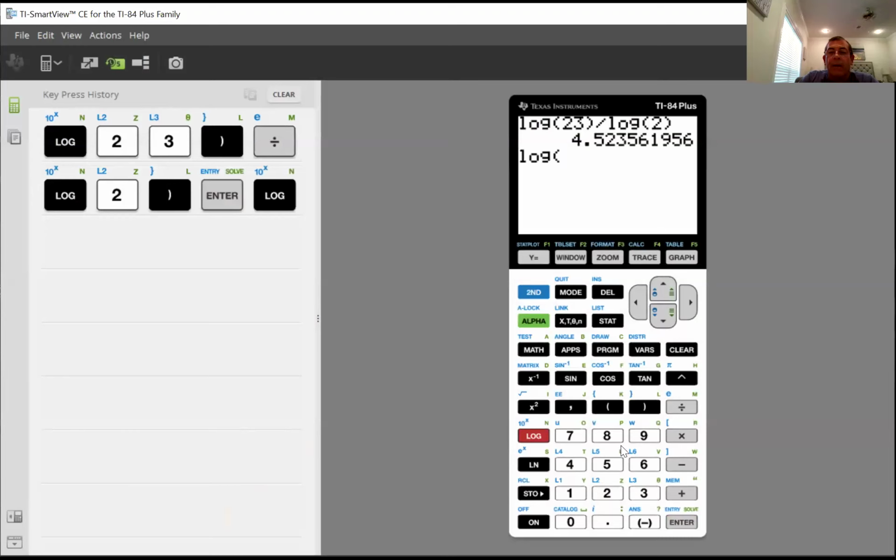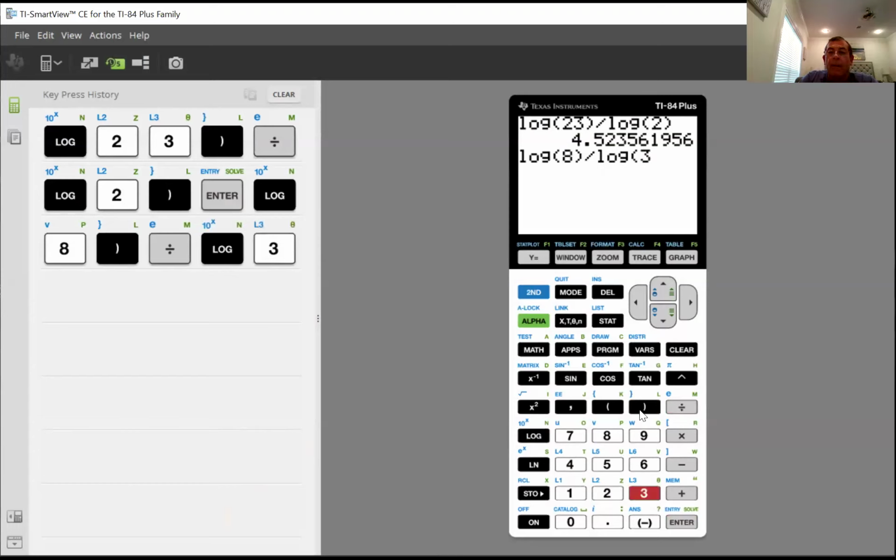So log of 8, close parentheses, and we divided that by our log of 3. Close parentheses. And y'all doing good because a lot of these are rounding up actually that I've noticed, okay? So 1.8928. Good job.